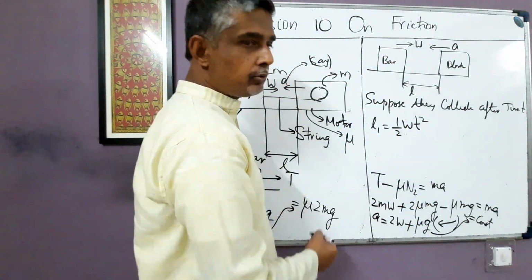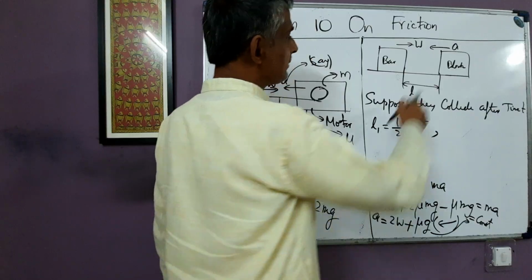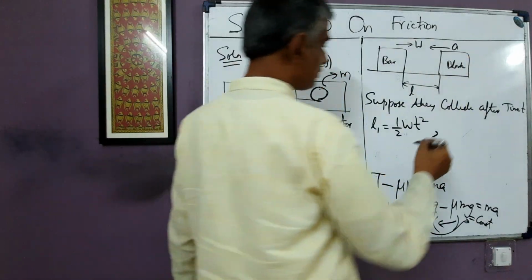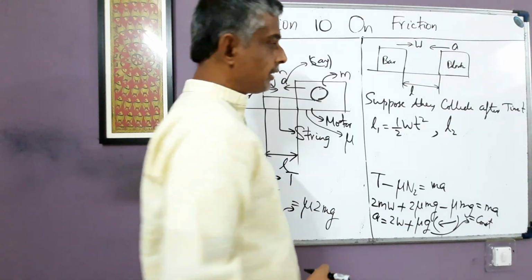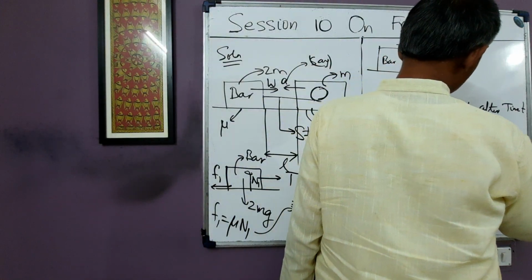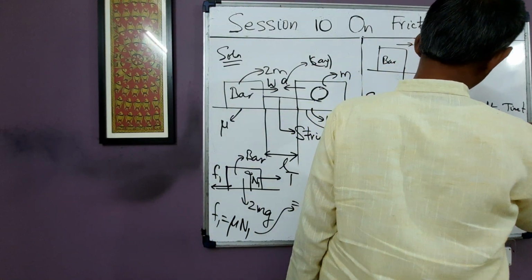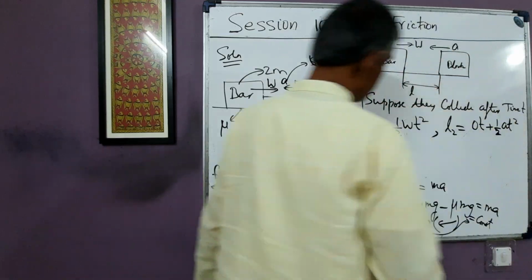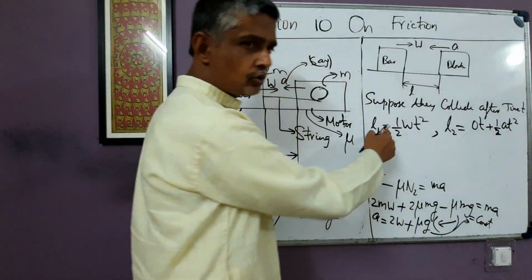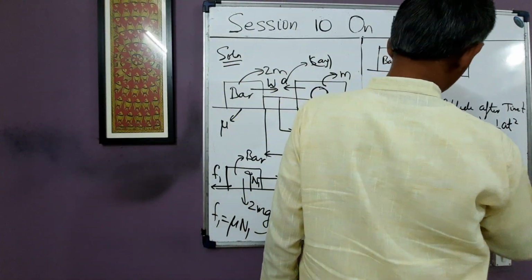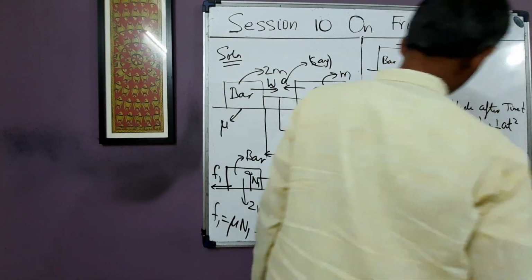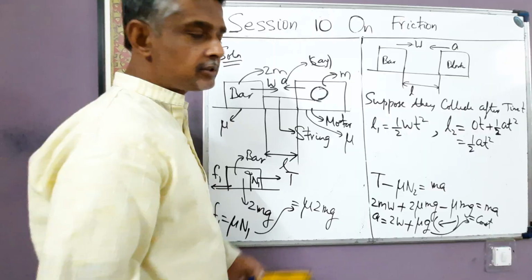In the same time, the block moves a distance L2 towards the left, starting from rest and moving at a constant leftward acceleration a. So that becomes 0 into t plus half a t square. Here I did not write the 0, but that is clear from the context. So L2 becomes half a t square, and L1 becomes half w t square.